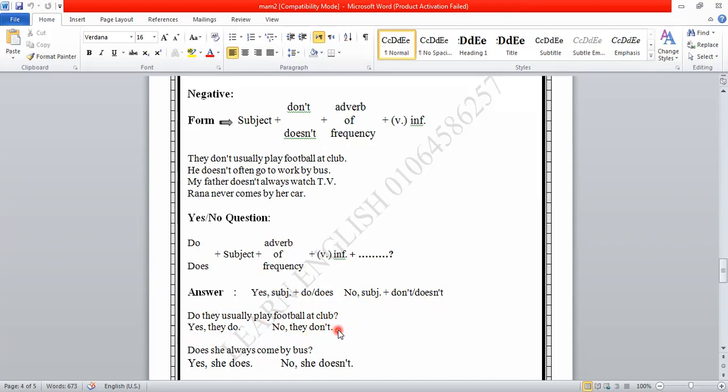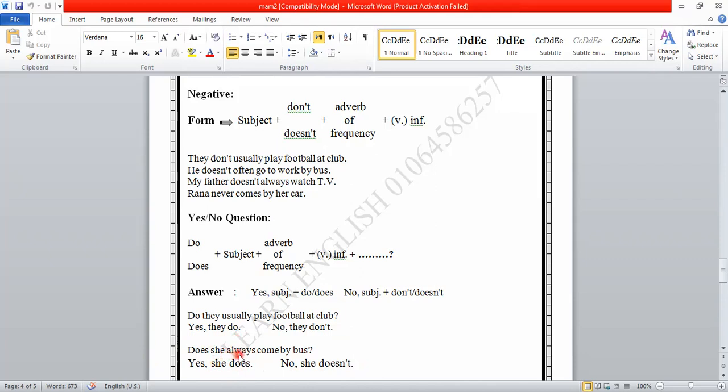Who can read the second sentence? Okay, the second question. Okay, go on. Does she always come by bus? Yes, she does. No, she doesn't. Does is in the beginning of the question.